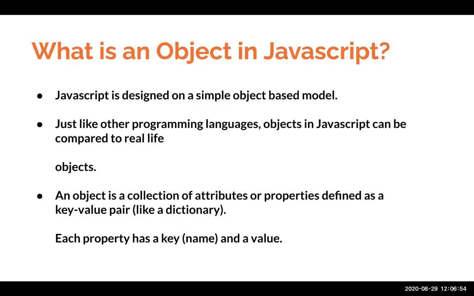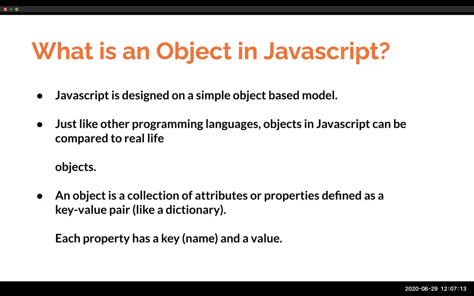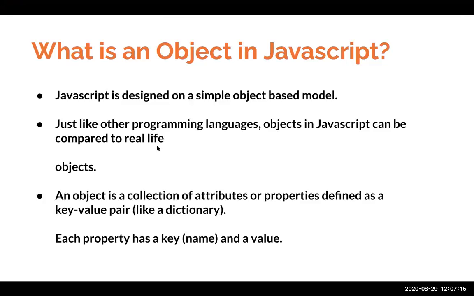An object is a collection of attributes or properties. For instance, let's use the same car as our object in JavaScript. The attributes of a car: it has wheels, it has steering. Can you give me other properties of a car? Anyone? That's a gear. Yeah, exactly. Thank you. Let's make it very interactive.